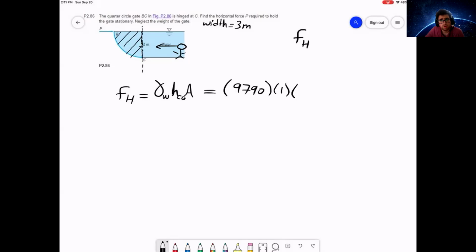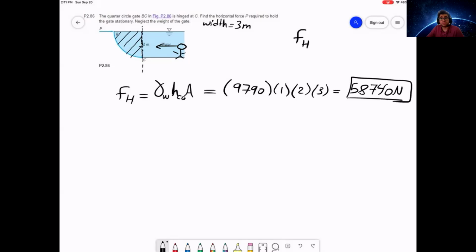And what's the area of this rectangle? 2 by 3. And that ends up to be, do you have a calculator? Times 6. It's 58,740 newtons. So that's your horizontal component.